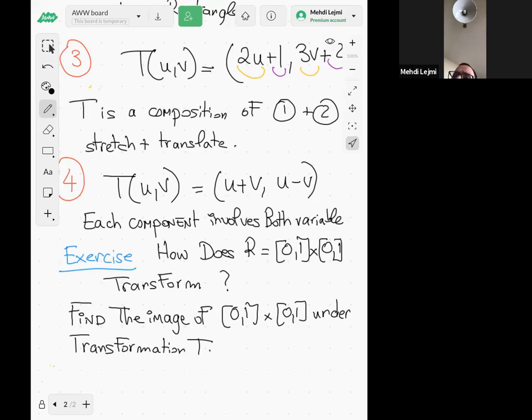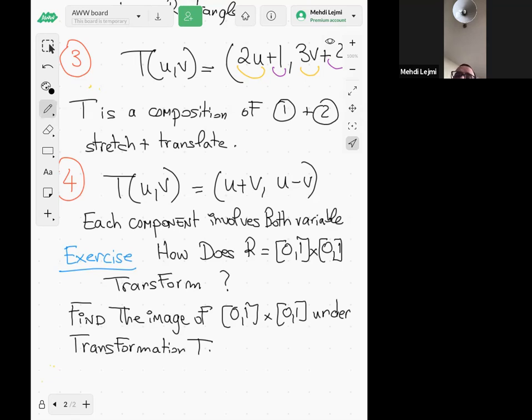Because we want to see what happens to the area of a rectangle or a parallelogram under a transformation T. In some sense, the change in the area or the change in the volume would correspond to a change in your integral, right?